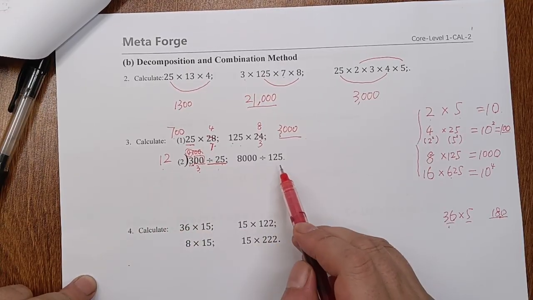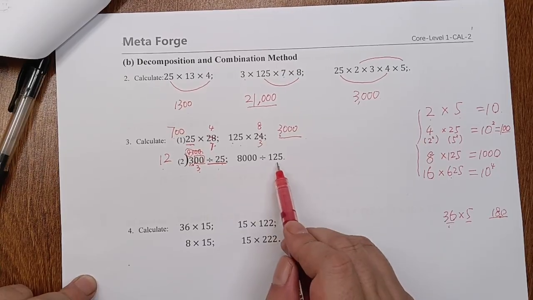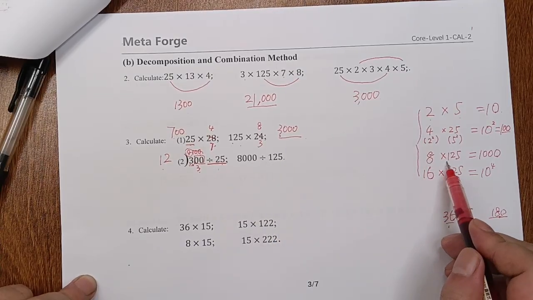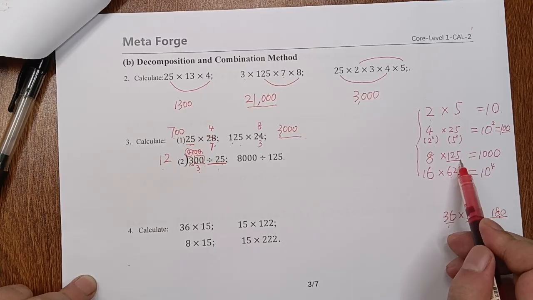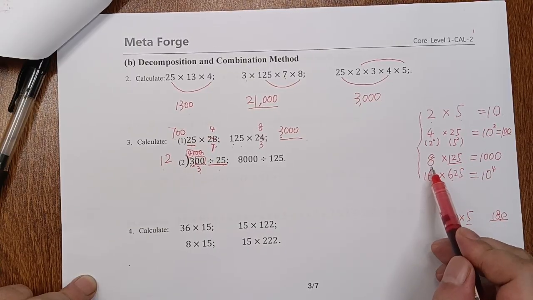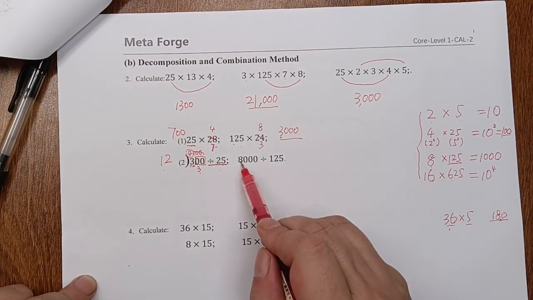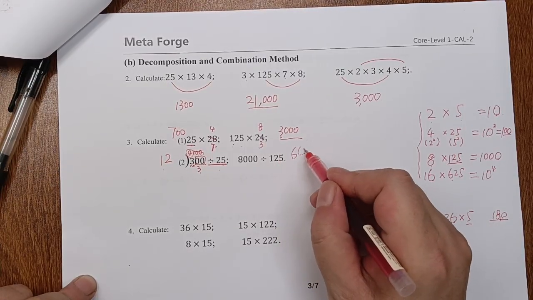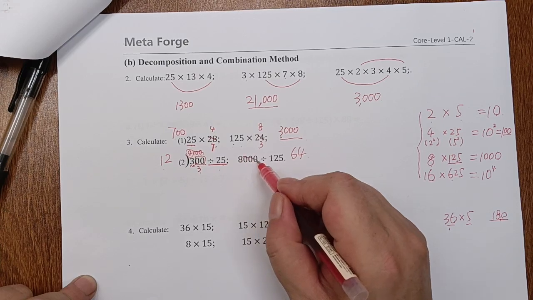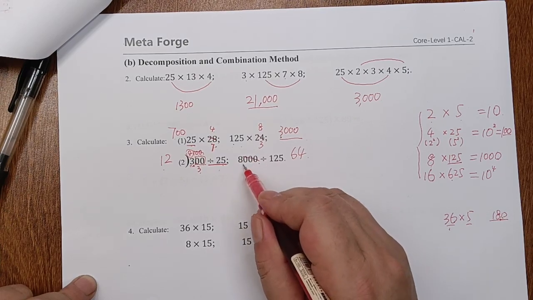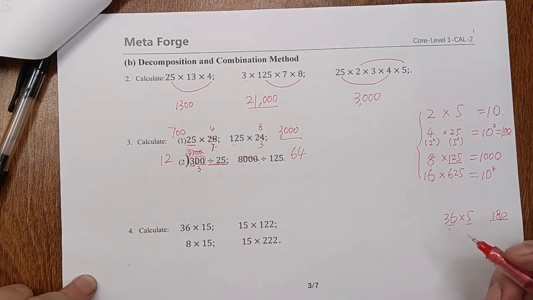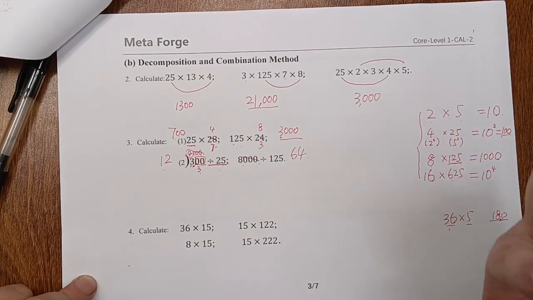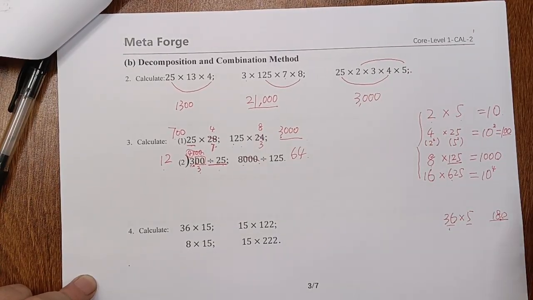For the similar reason, divided by 125 equals multiplied by 8. 8 times 8, 64. The decimal point moves 3 places. Descale 3 levels.